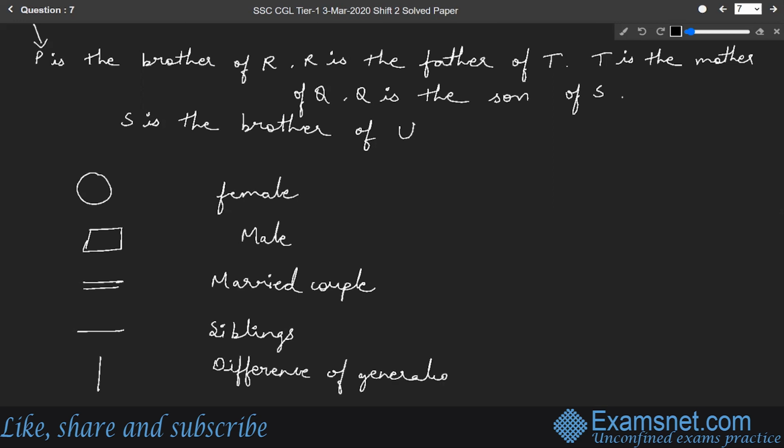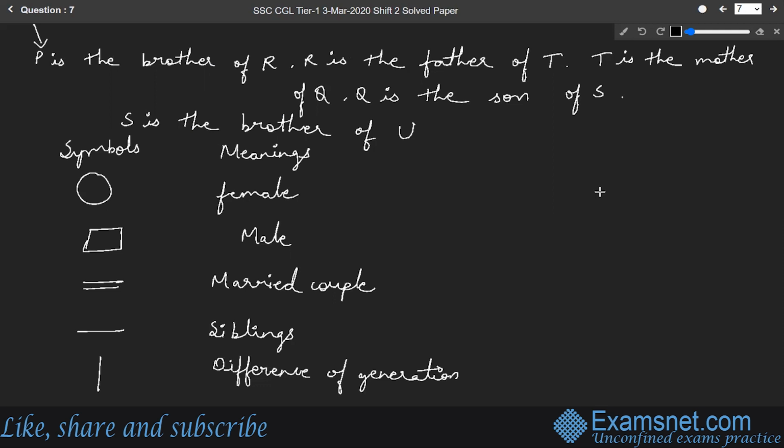So we have made different symbols here and we have given some meanings to them. Now we will use this and we will draw a diagram. Why are we drawing a diagram here? Because we have to understand the relationship between all these terms P, R, T, S and U. So we have to make a family tree basically.